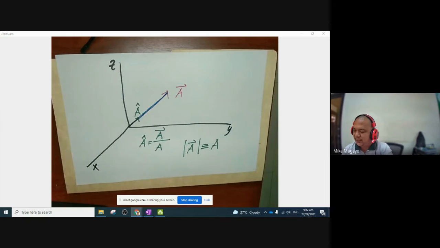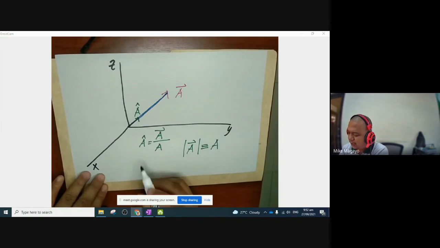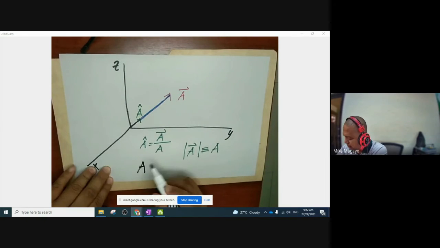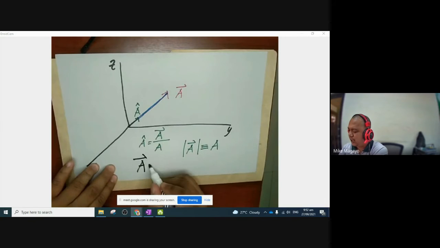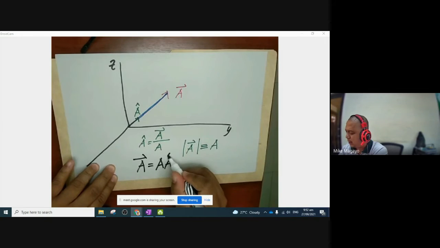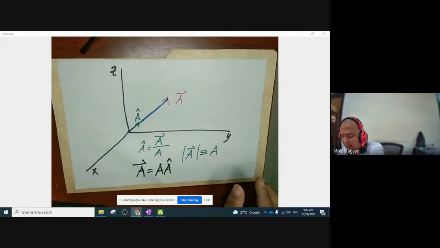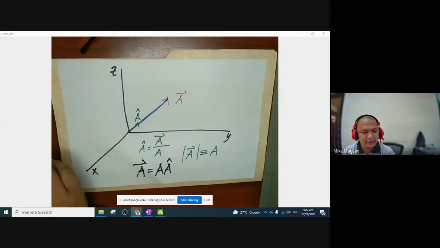What I mean is that we could write this equation: vector A is just equal to A times A hat. In Cartesian space, we also have unit vectors along x, y, and z.